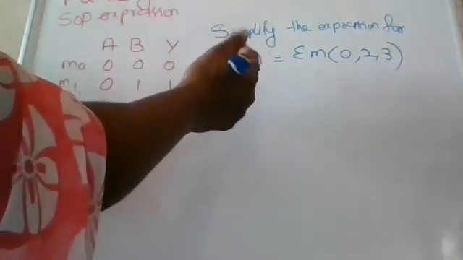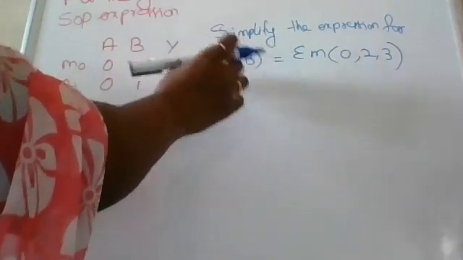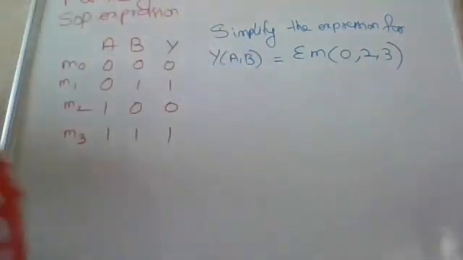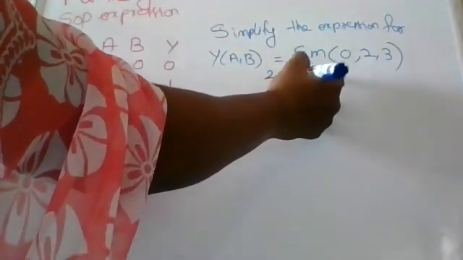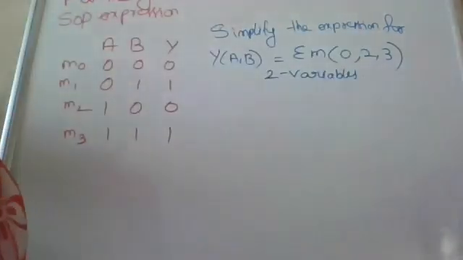Sometimes given like this, then we write Y of A comma B. So here how many variables? Two variables. Here we have only two variables.